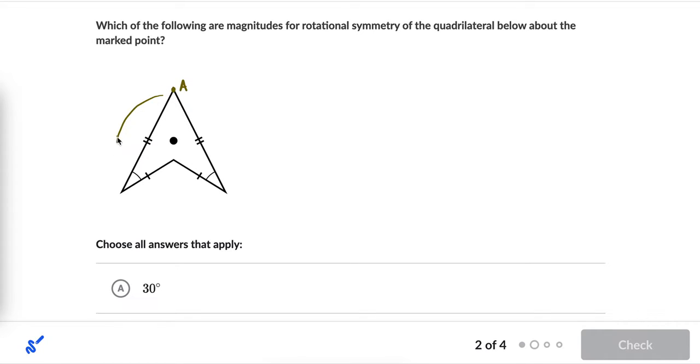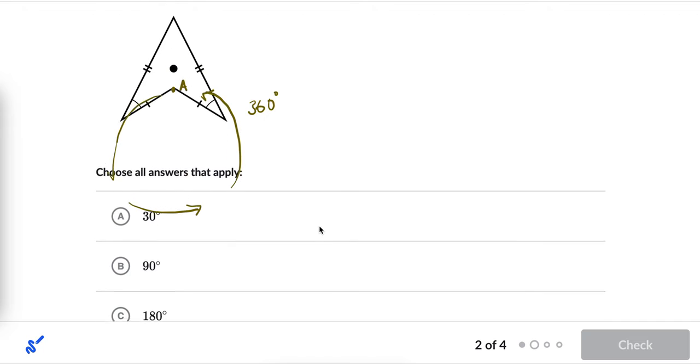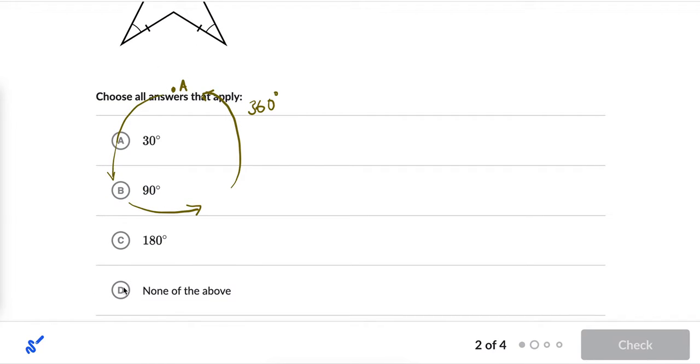So we would actually have to bring this entire image around 360 degrees in order to get a rotational symmetry where the image maps onto itself, right? And so that's the only option that's going to work for us, so none of the above.